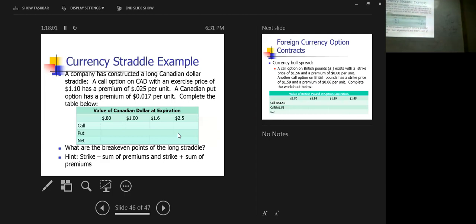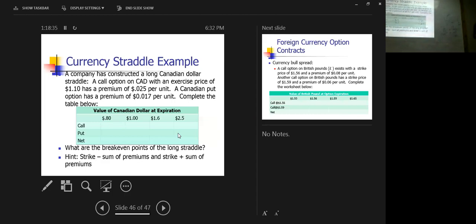Okay? So what do you have for the lower break-even point? Okay, so it is the strike minus the sum of the premiums.